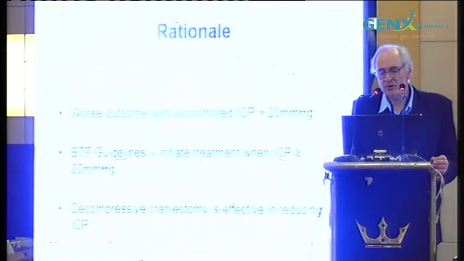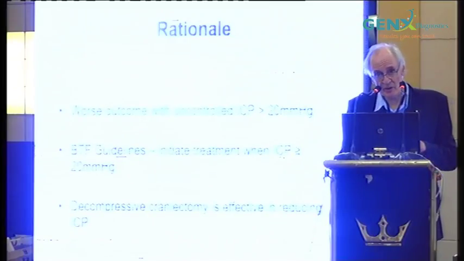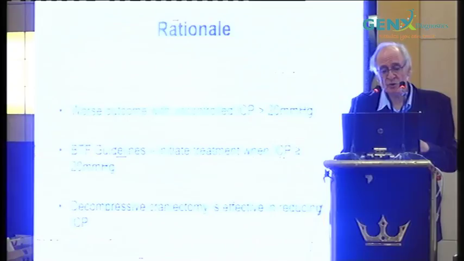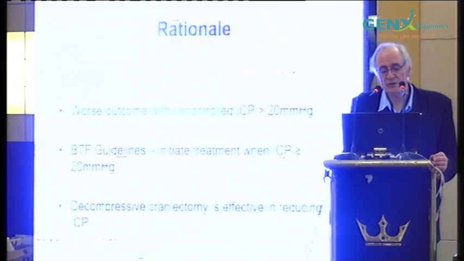The rationale for the DECRA study was that there was much evidence linking ICP with mortality, and that the point where ICP really started to tip the balance badly was at about 20 millimetres of mercury.